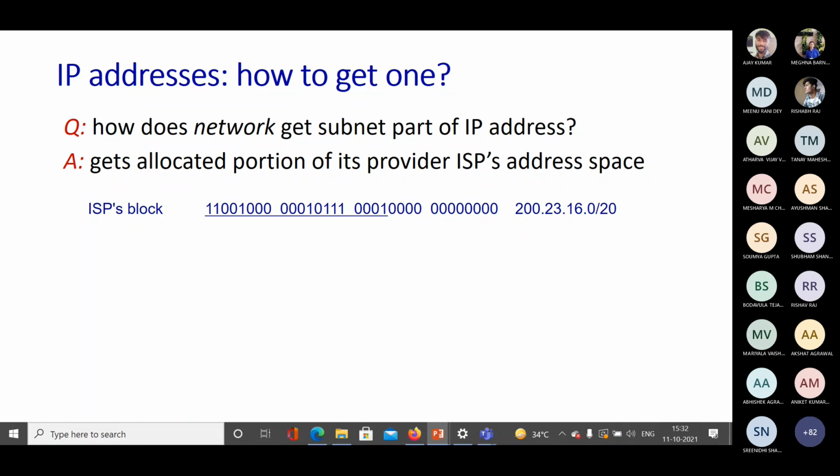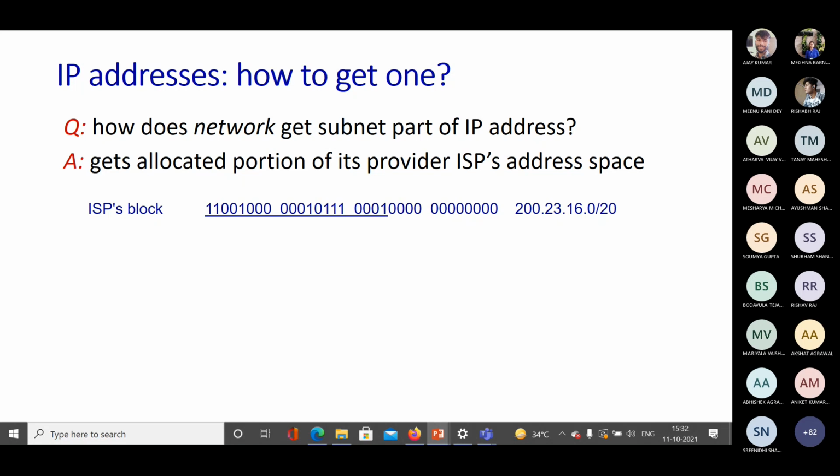So how do we get an IP address? The first question was answered: using DHCP, the host gets an IP address. Now the second question comes: how does the network get the subnet part of the IP address? We are saying that the host part is only some changes in the last bits, but what about the rest, the bigger chunk, the higher order bits?